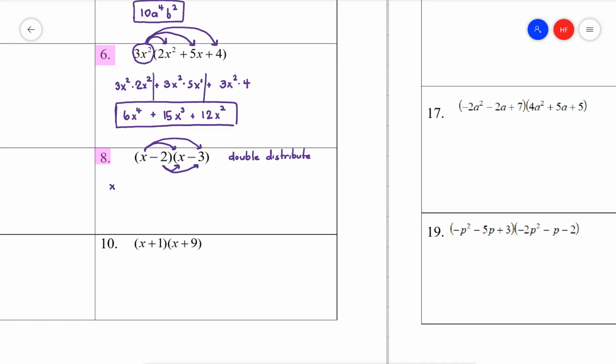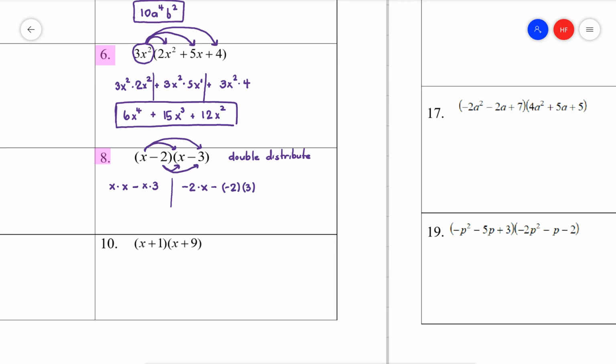So x times x minus x times 3. That's going to be the first part. And then we have negative 2 times x minus negative 2 times 3.